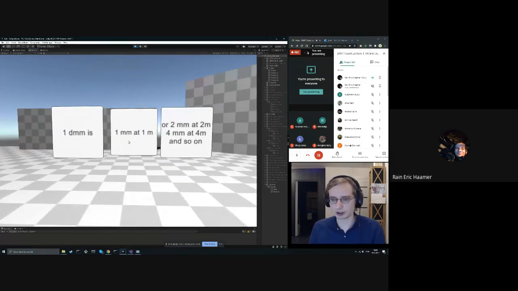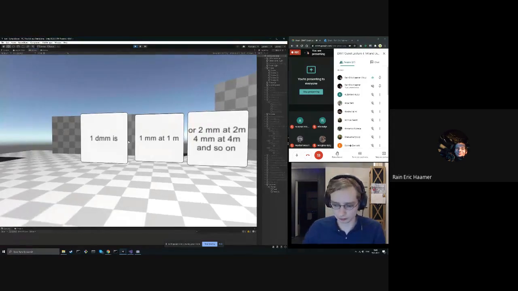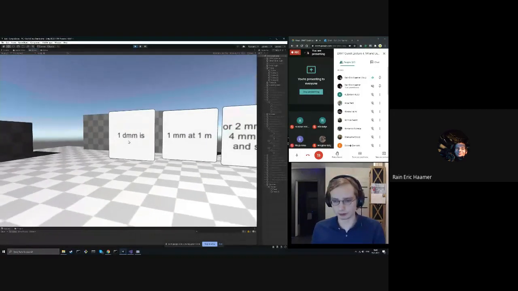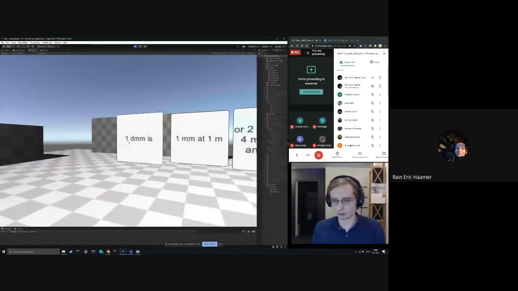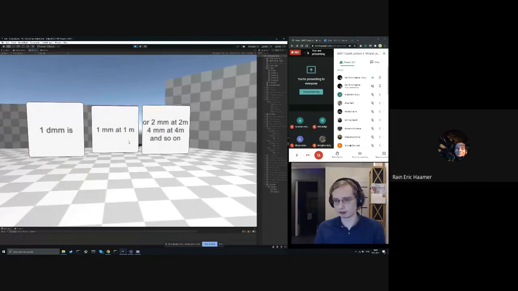On this topic, Google has put a lot of time into developing a standardized system, and they figured out a very simple system, which they call distance-independent millimeters. So 1 distance-independent millimeter is essentially 1 millimeter at 1 meter from the user, or 2 millimeters at 2 meters from the user, 4 millimeters at 4 meters from the user. This is very consistent, and it's very easy to implement.